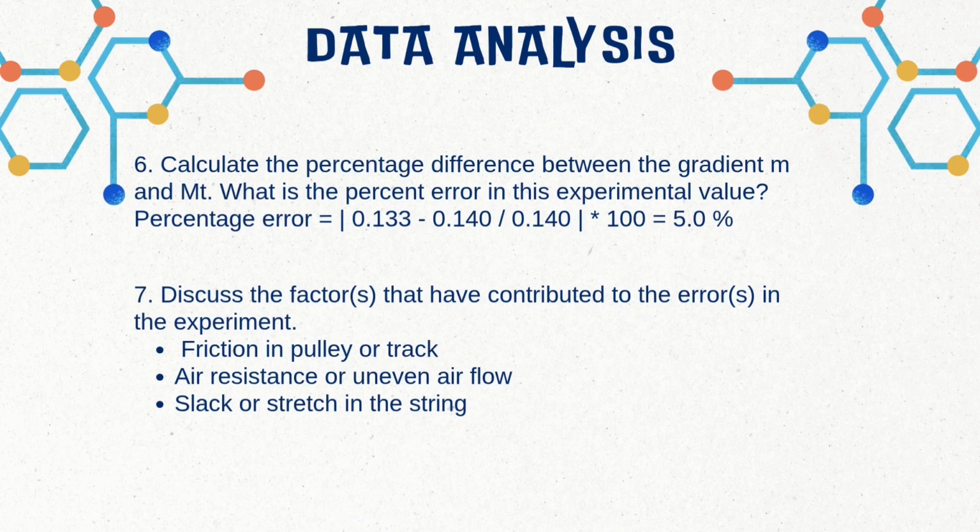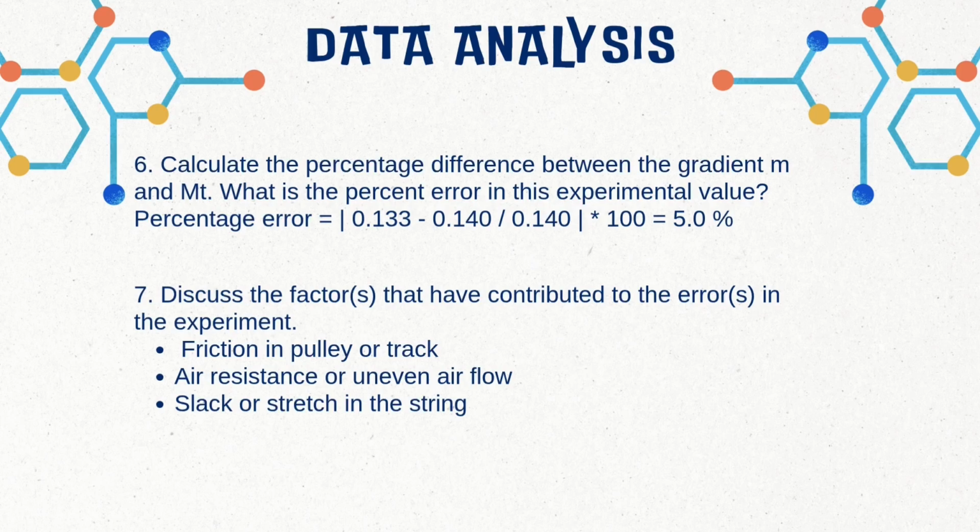Question number 6, calculate the percentage difference between the gradient m and mT. What is the percent error in this experimental value? The answer of percentage error is 5.0%. Question number 7, discuss the factors that have contributed to the error in the experiment.